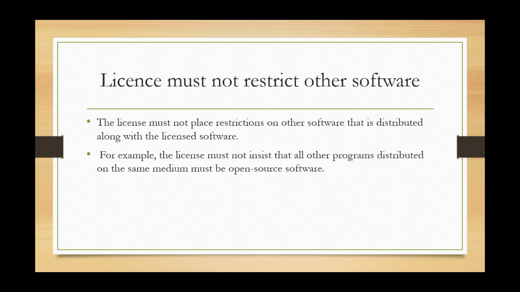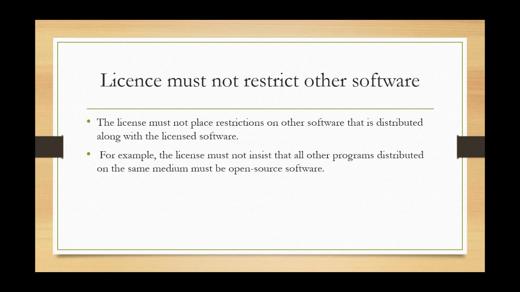Then the license must not restrict other software. The license must not place any kind of restrictions on other software that is distributed along with the licensed software. For example, you may integrate your software with another software, so there should not be any restrictions stopping the other software from using the open source software.